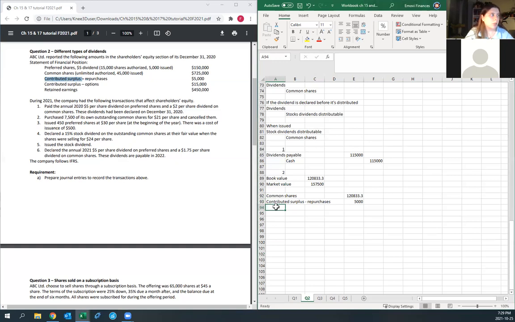Do I have a contributed surplus options? Yes, I do, so I'm going to put it down. And like I said, this amount is proportionate to the number of shares that you cancel. So you're going to do 7,500 divided by 45,000 issued, and you times it by the book value of your contributed surplus, so times 15,000.